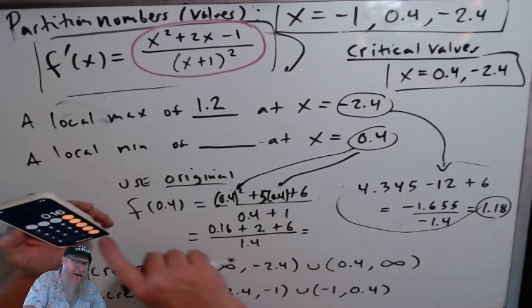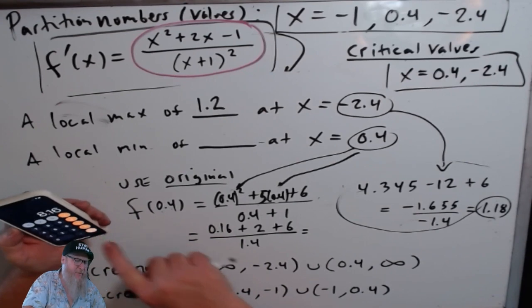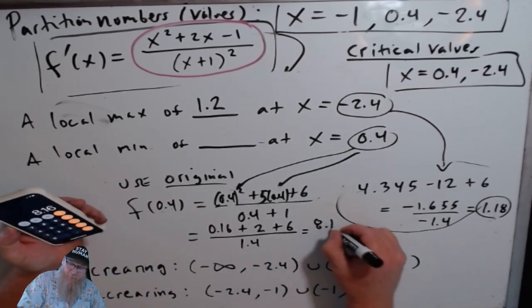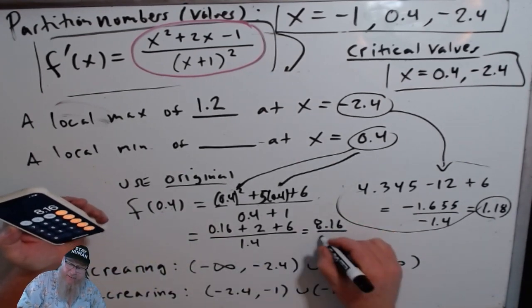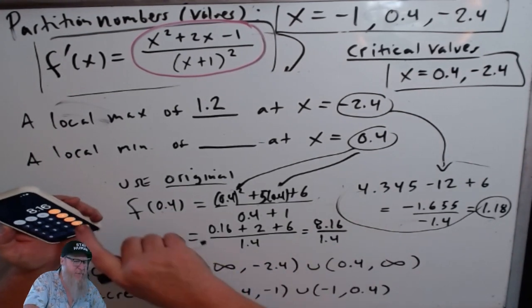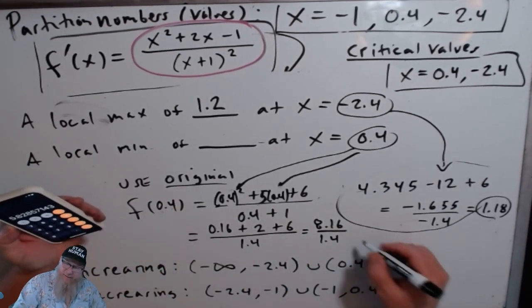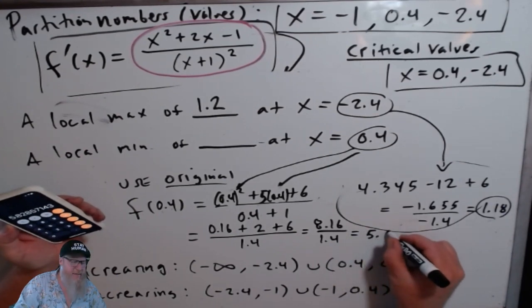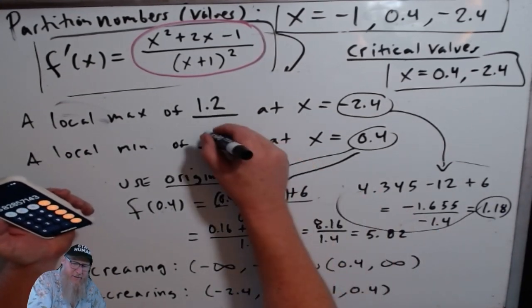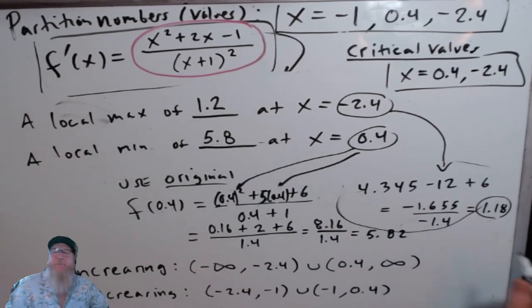So that's going to be 8. I should have done that one first. Oh, it doesn't really matter. That's going to be 8.16. See why I don't do this on every problem? Divided by 1.4 is 5.82. So I'll take 5.8.